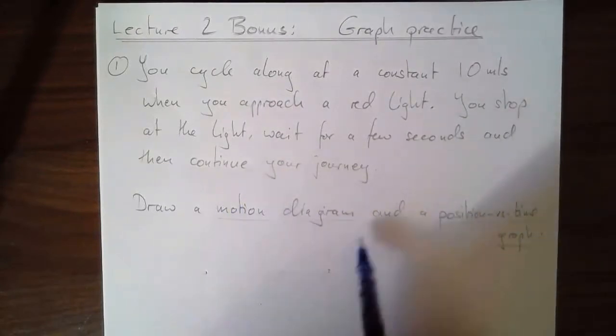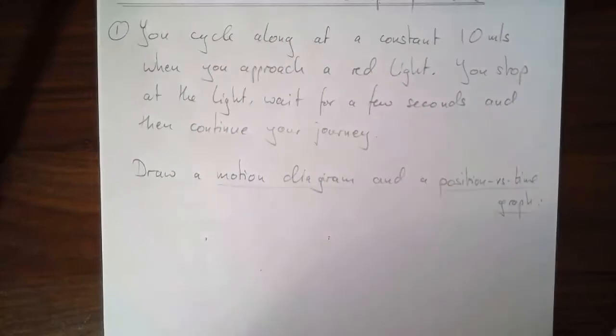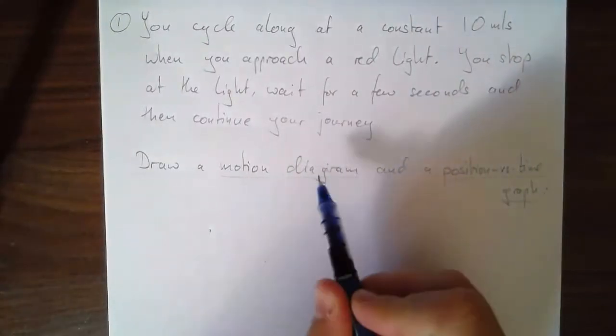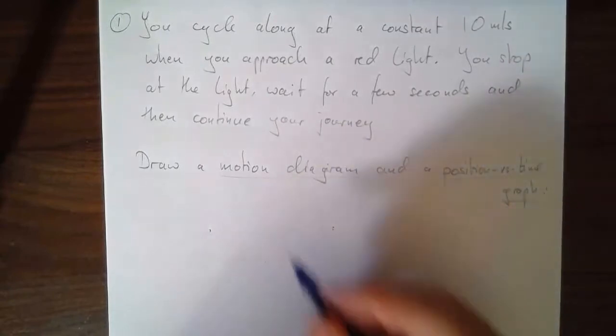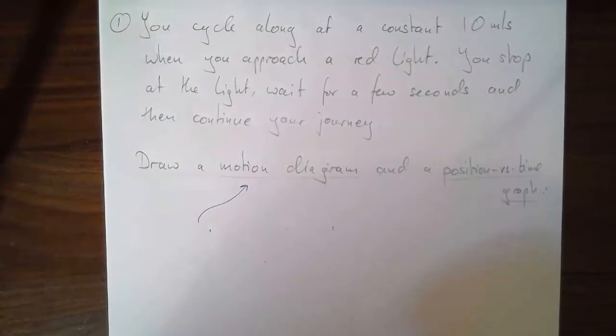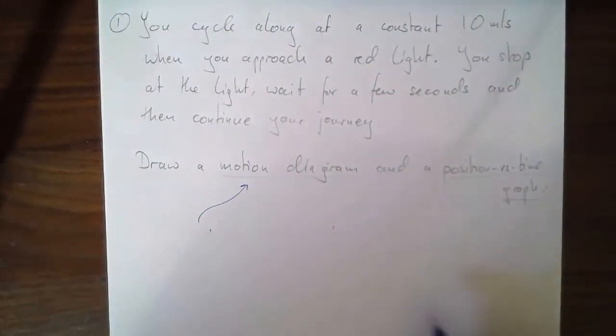We haven't talked about what these are, though we have drawn at least one of them already. So this is essentially a representation of the motion in the form of a series of frames, if you like, that are all on top of each other. Let's write this out and see what this means.